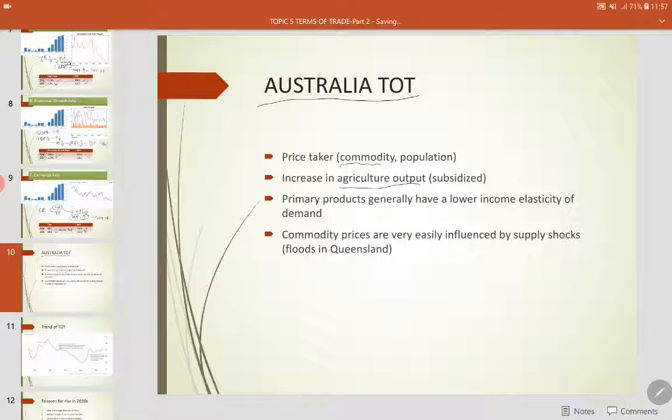Another thing about Australia's export is it has lower income elasticity of demand, and because we are exporting commodities, it's very easily influenced by supply shocks. Supply shocks means a sudden change in our supply due to natural disasters like floods, bushfires. Sometimes the supply can decrease by a great percentage. If there's a subsidy, it can also increase.